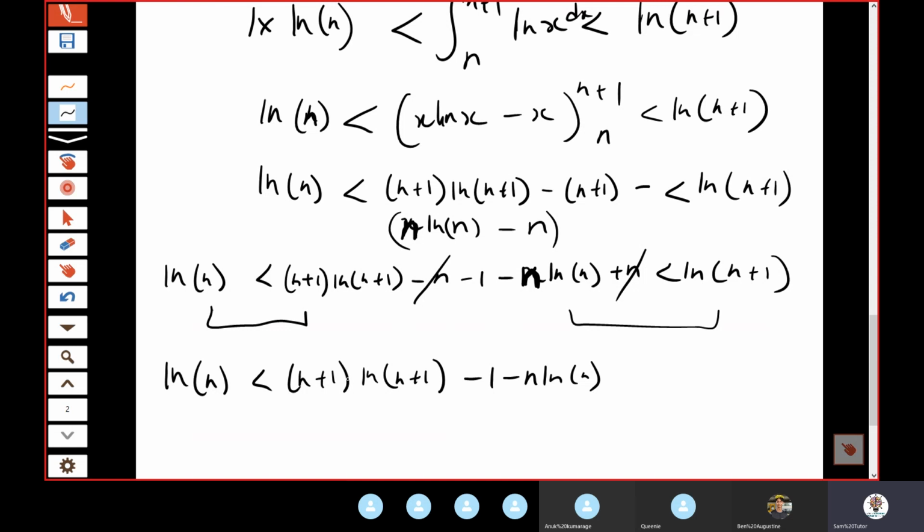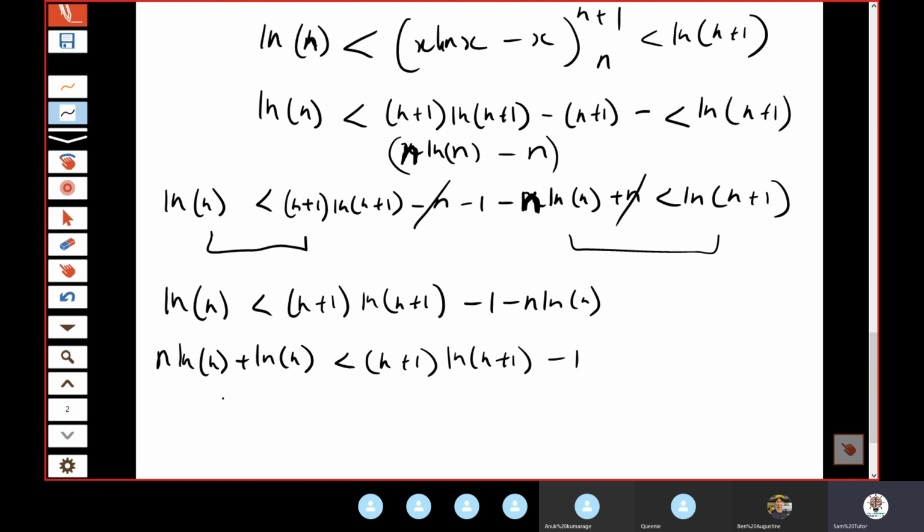So this less than this. And then same thing, I can do the middle less than the larger one. What you'll end up with is log n plus n log n, so n log n plus log n, which is less than n plus 1 log n plus 1 minus 1.